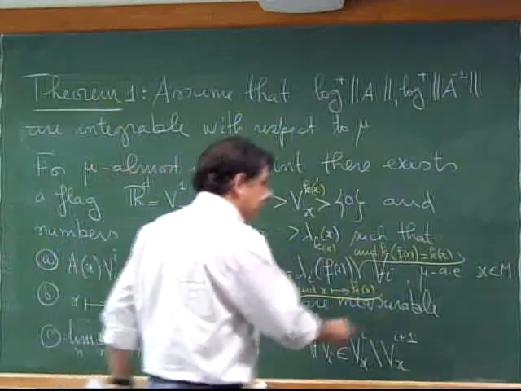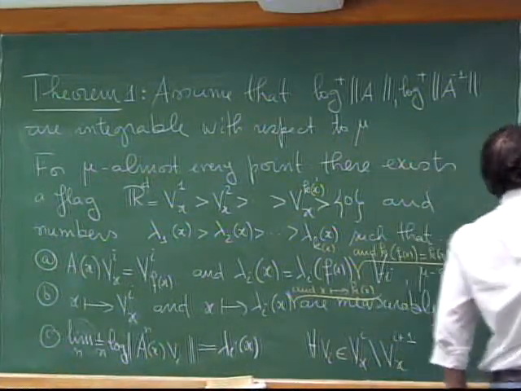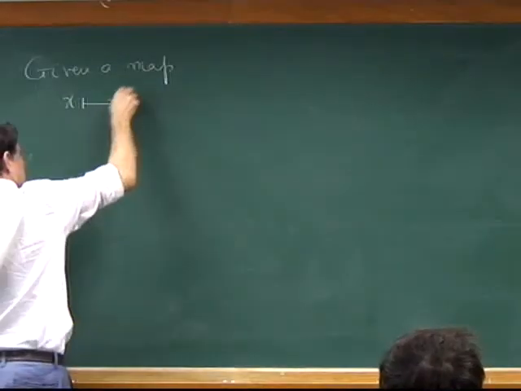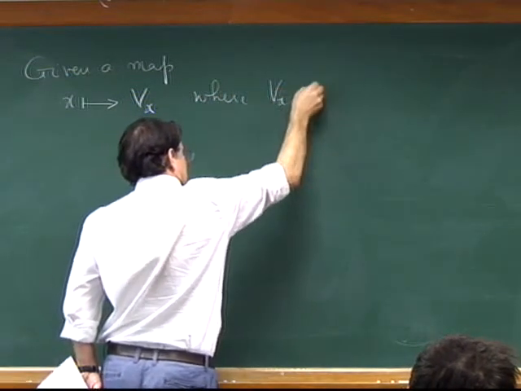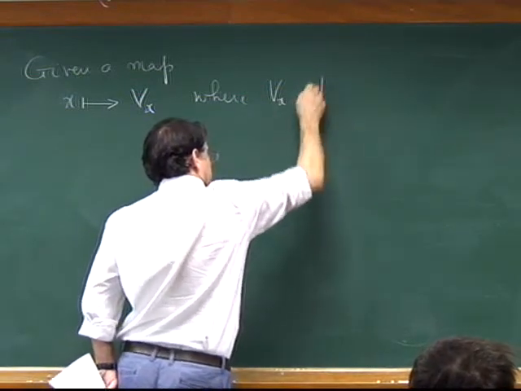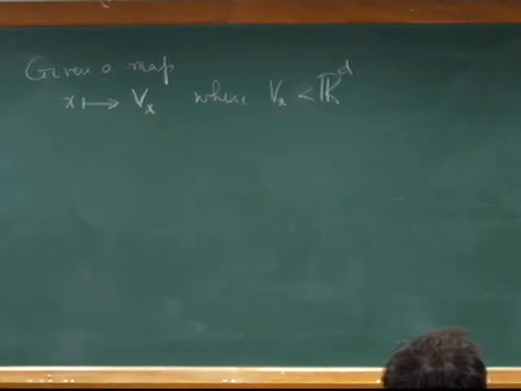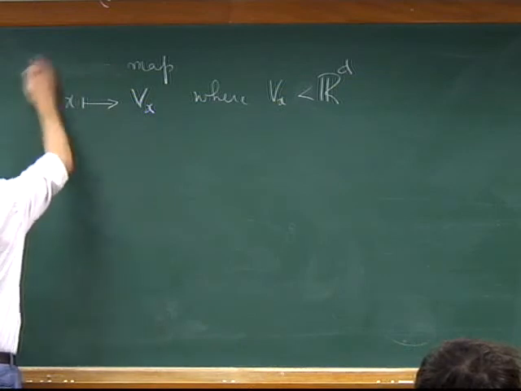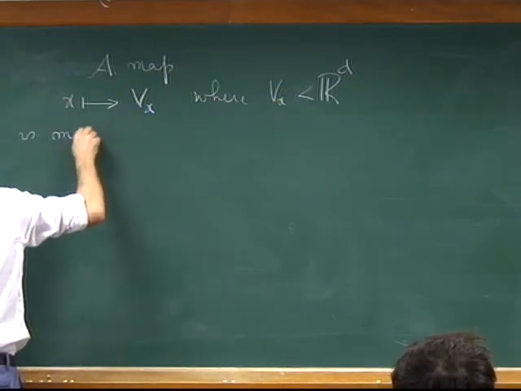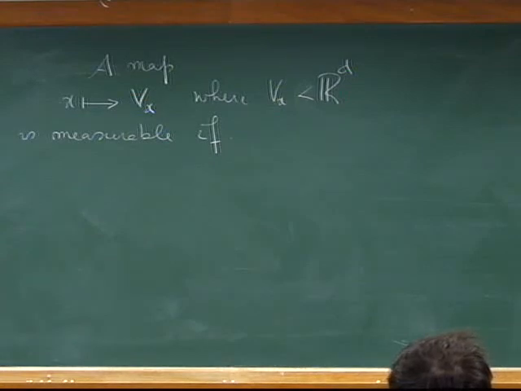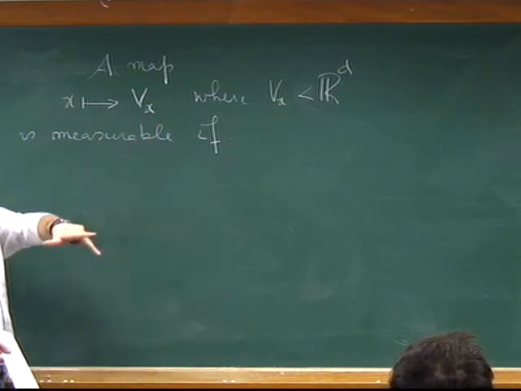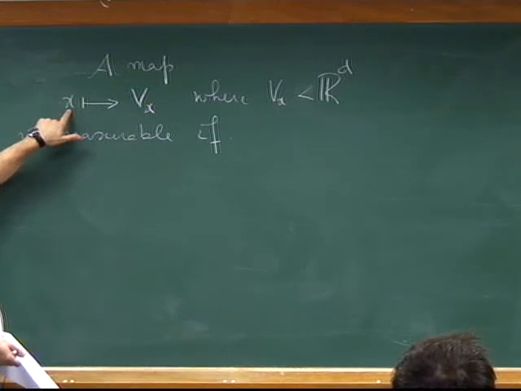Given a map x goes to V of x, where V of x is a subspace of R^d, we say that it is measurable if, well, the short definition is the following: if you can find a basis for the subspace Vx such that the elements of the basis are measurable vector fields.